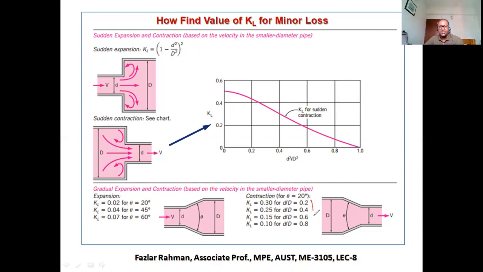And this data they are giving for theta equal to 20 degrees. There may be other data, theta equal to 30, 40. If you look in the handbook during the design, then you can figure out that data.